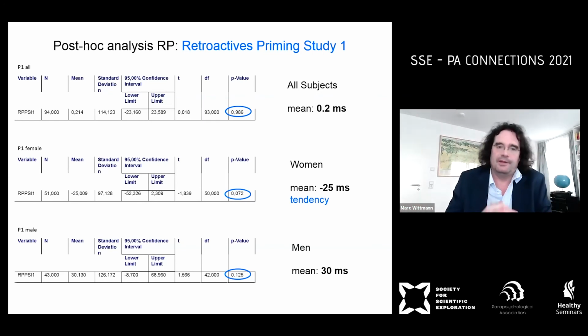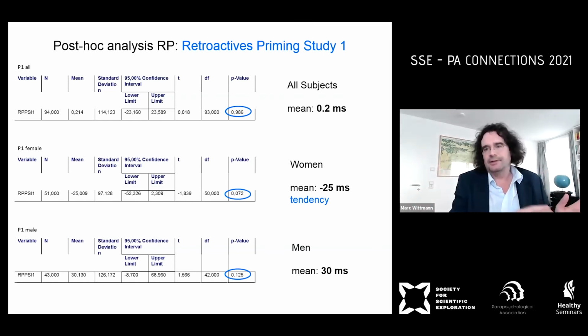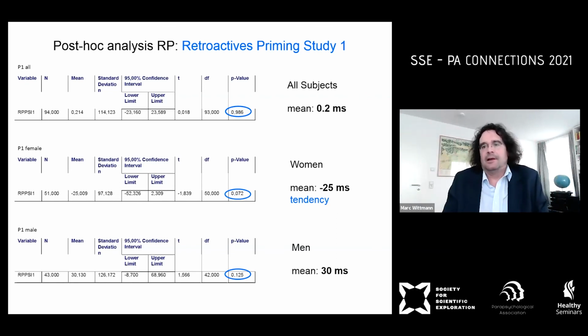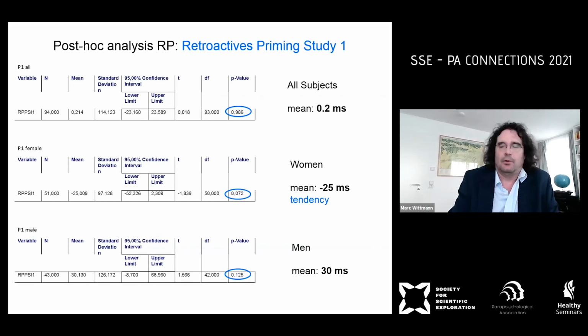And the men again have this tendency for a positive effect, which is not significant in this case. But still overall, men positive, women negative, and overall they cancel themselves out. That's very similar to study 1 we had before with the 40 photos.